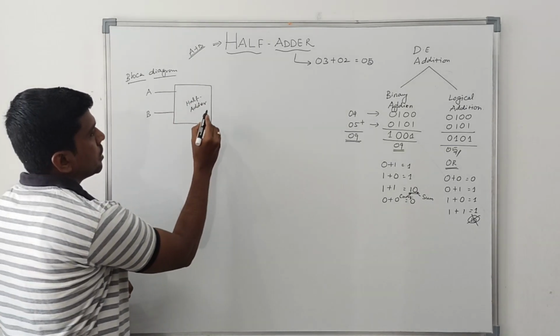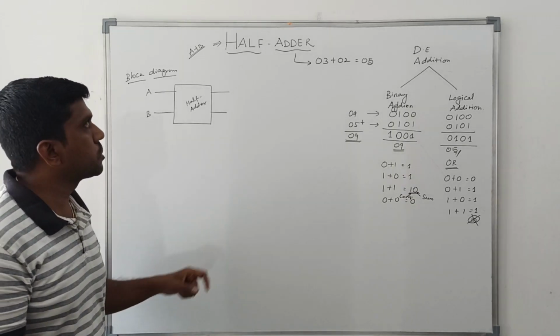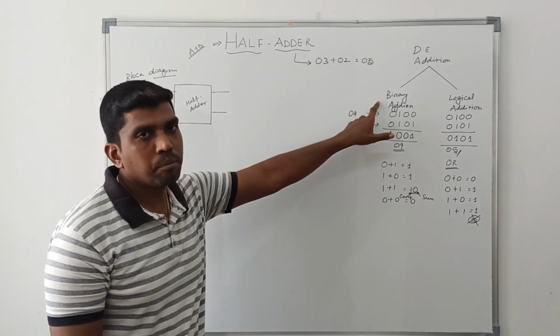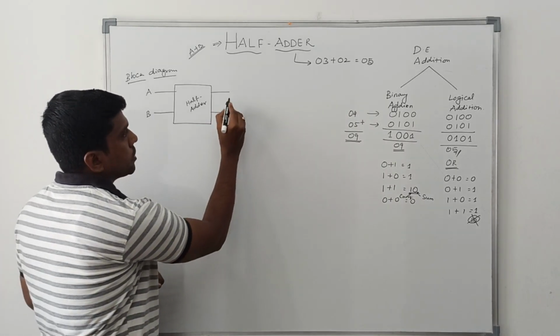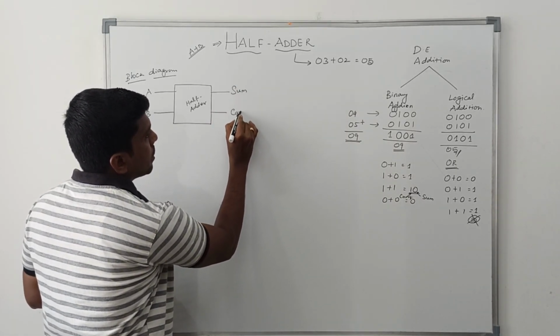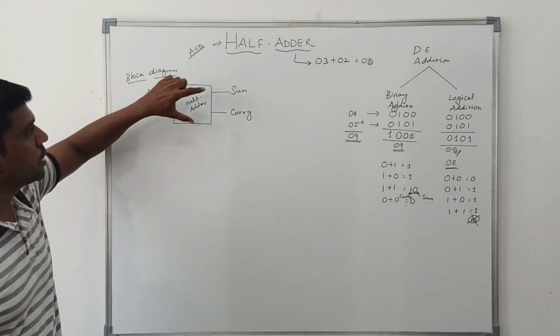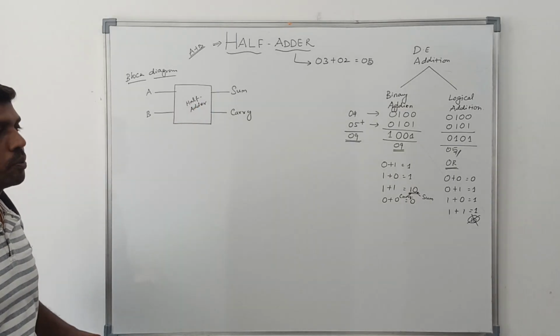A and B are the input variables and it produces two outputs, because this half adder comes under binary addition. So it produces two outputs, one called sum, another called carry. So A and B are the inputs, sum and carry are the outputs.